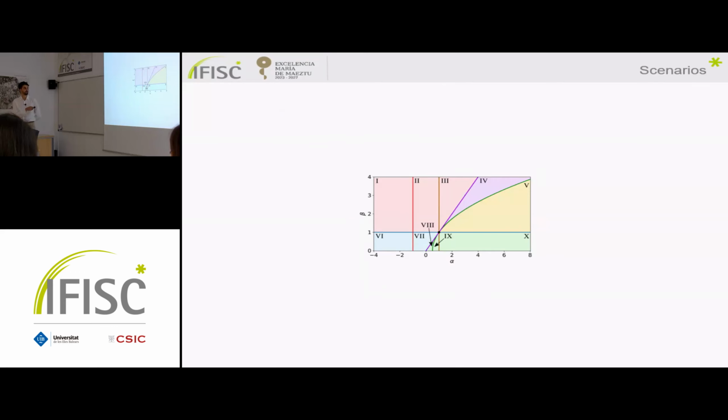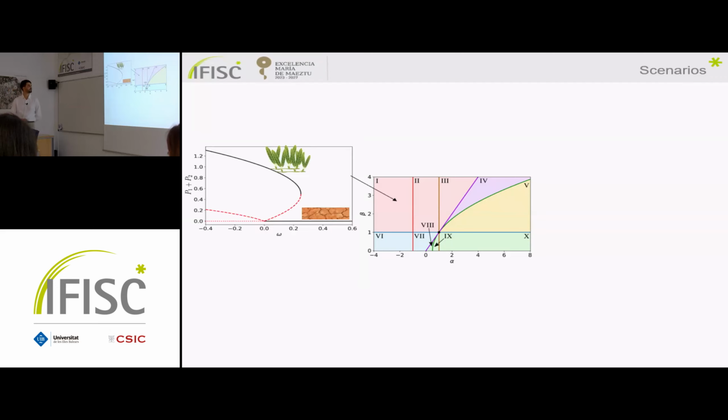So for big values of beta, that is a lot of competition for high densities between plants, and low values of alpha, that is a competition between plants for low densities, we found, and here I'm showing the total biomass of the system, monospecific meadows that, when increasing mortality, end up in a tipping point.